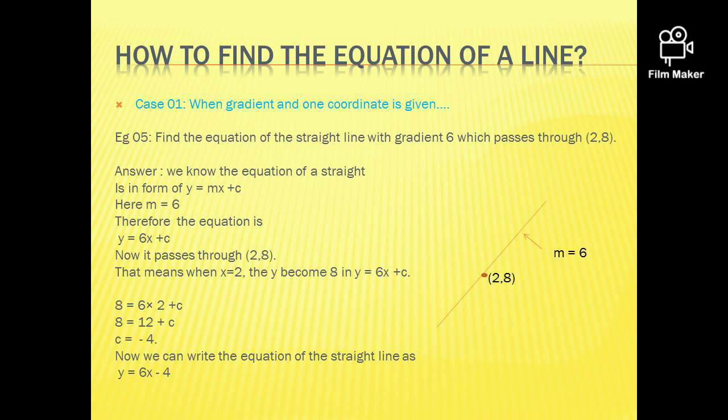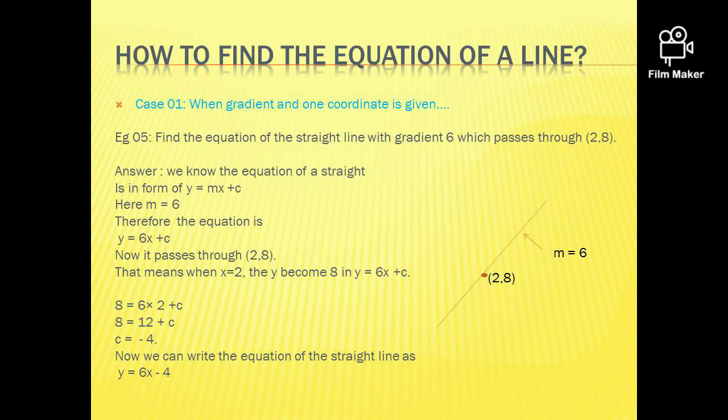How to find this value of c? We know that the line passes through the point (2, 8). That means when x coordinate is 2, y coordinate is 8. Therefore, I will substitute x equals 2 and y equals 8 in the equation y equals 6x plus c, because for the moment we know the gradient is 6.